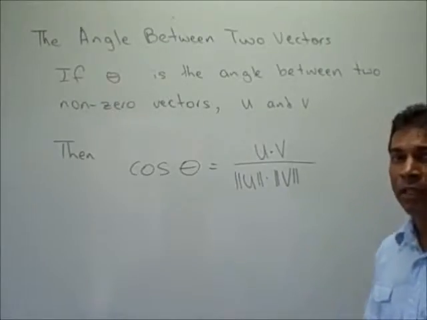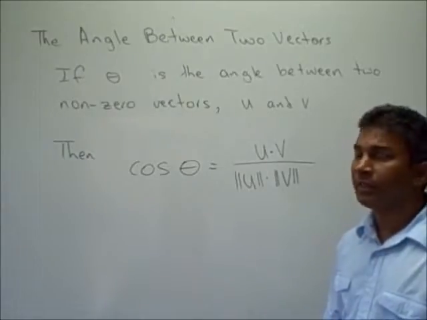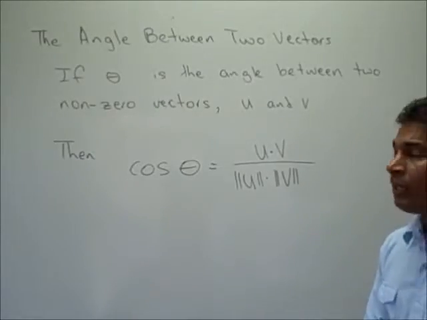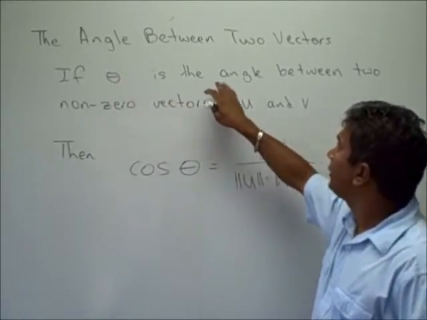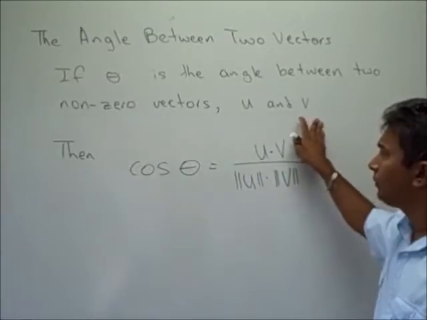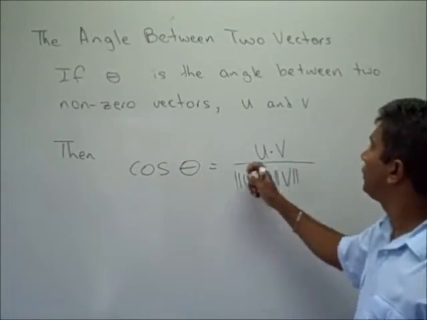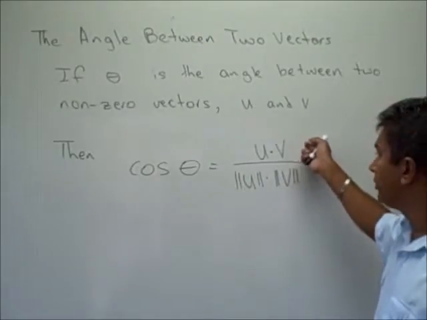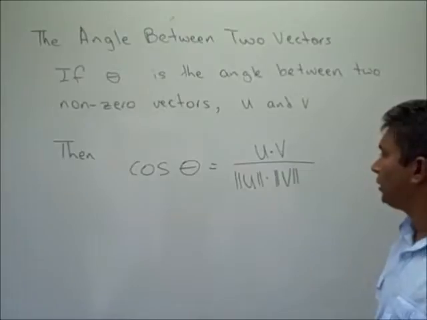Another application of the dot product is to find the angle between two vectors. Here we're defining the angle between two vectors as theta. So theta is the angle between two non-zero vectors u and v, and we know that cosine of theta is equal to the dot product u · v divided by the magnitude of u times the magnitude of v.